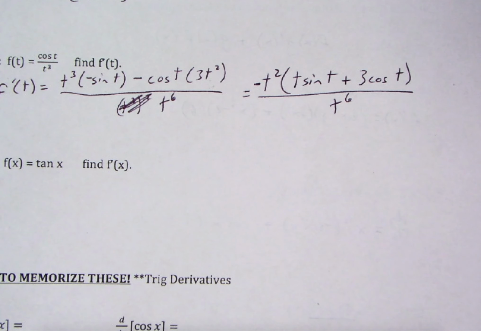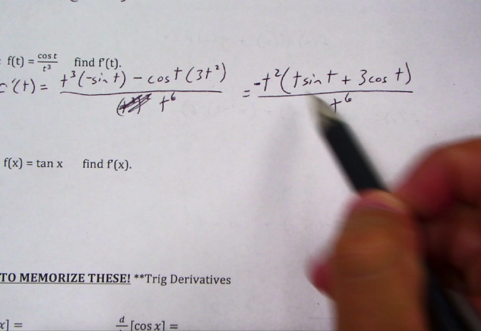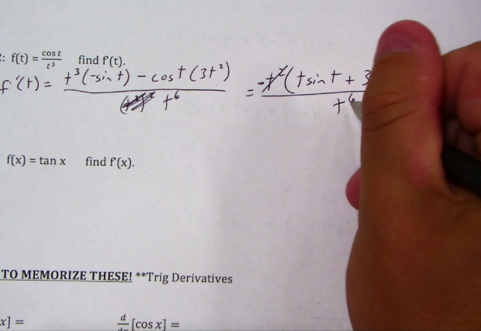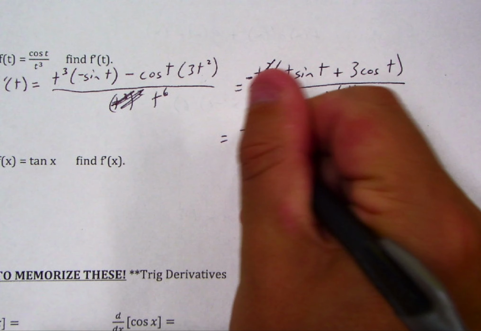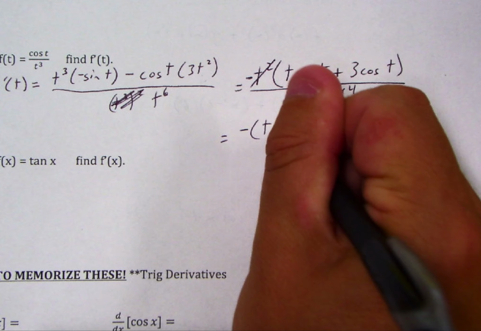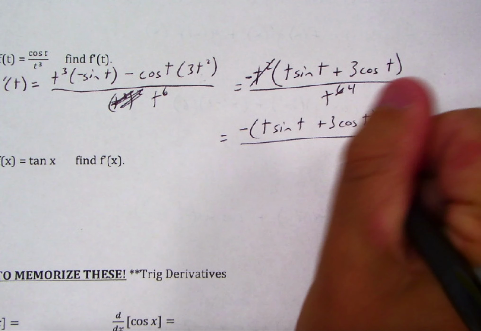Whoops. And now we'd be able to cross out t squared from each of these. So gone, and there'd be 4 of these left. So negative t sine t plus 3 cosine t over t to the 4th.